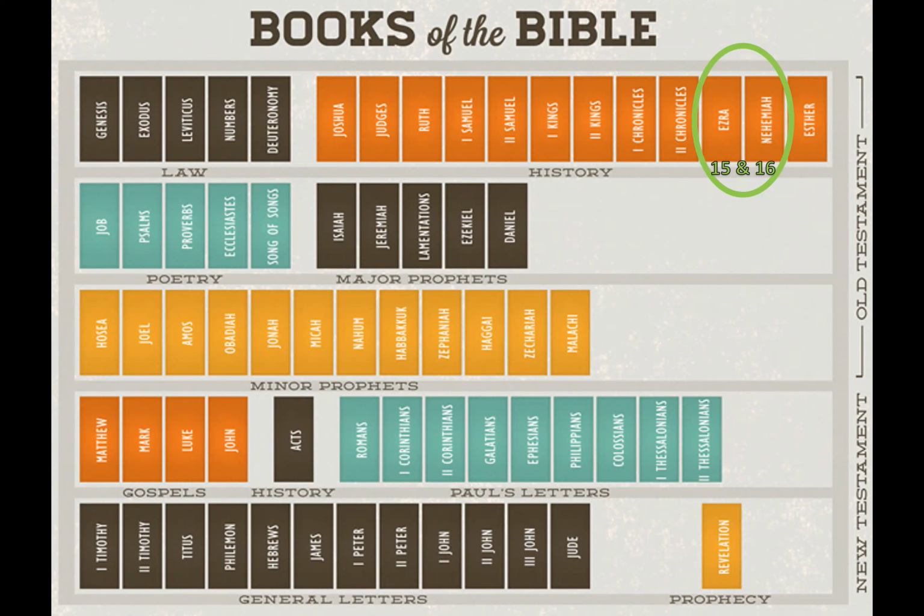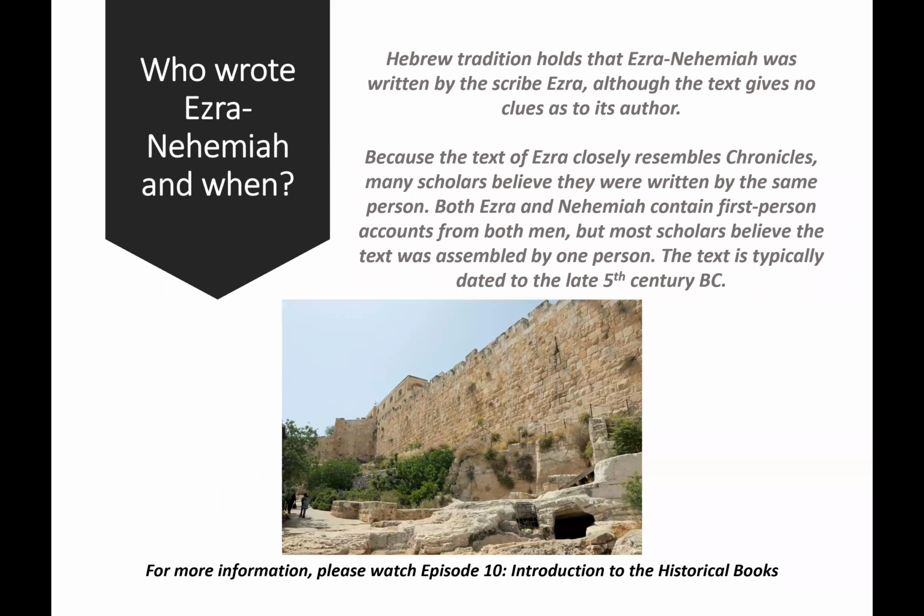So here is where we're at right now with Ezra and Nehemiah. This is the 15th and the 16th book of the Old Testament. Hebrew tradition holds that Ezra and Nehemiah was written by the scribe Ezra, although the text gives us no clues as to its author. Because the text of Ezra resembles Chronicles, many scholars believe this was written by the same person that wrote Chronicles.